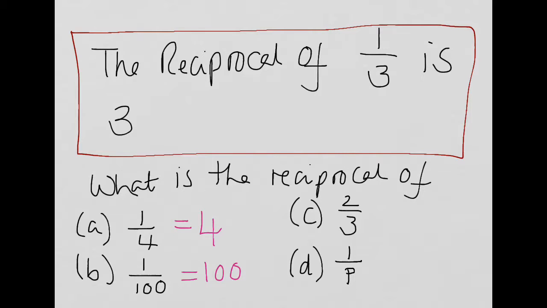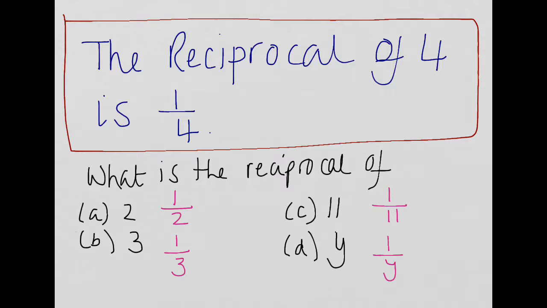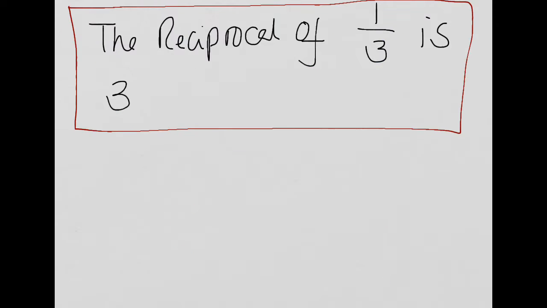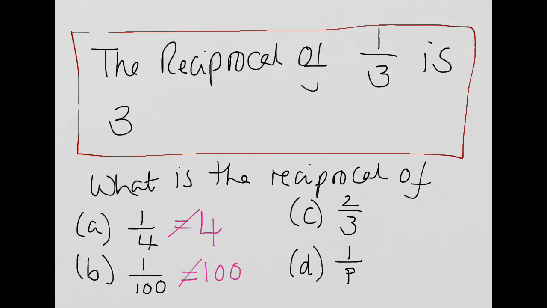The reciprocal, and can I just say, I really shouldn't be writing equals because they're not equal. 1/4 doesn't equal 4. And I think I've done that back here. No, I haven't, thankfully. So the reciprocal of 2/3 is 3 over 2. Ooh, did you get that? Have a think about it.